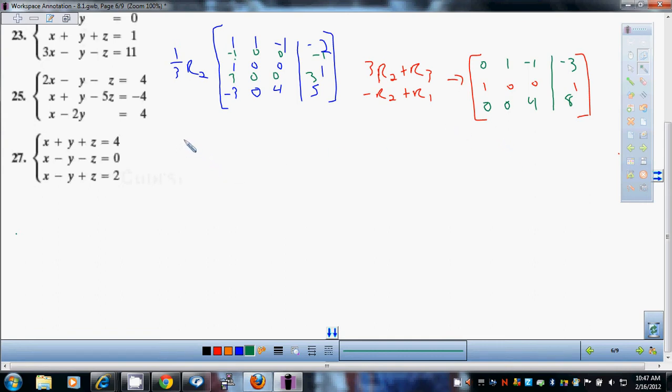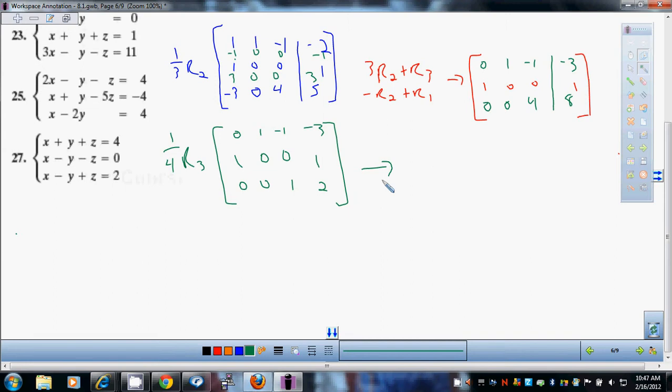Now, what would our next step be to go ahead and reduce this bottom row? 1/4. Yeah, 1/4, row 3, which would give us 0, 0, 1, 2. Now two of our rows are done.